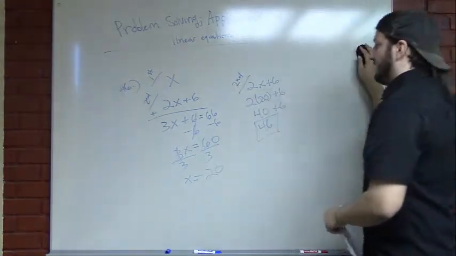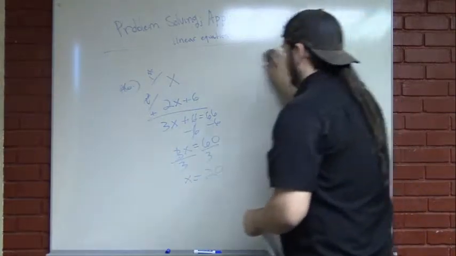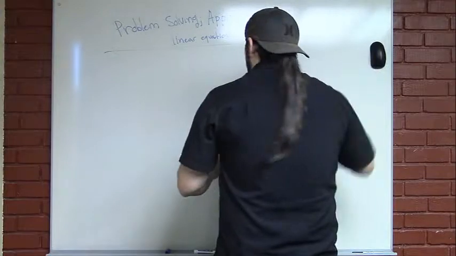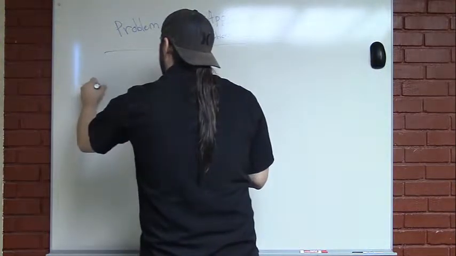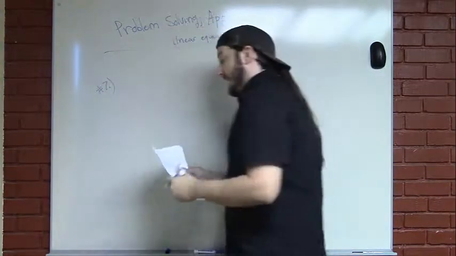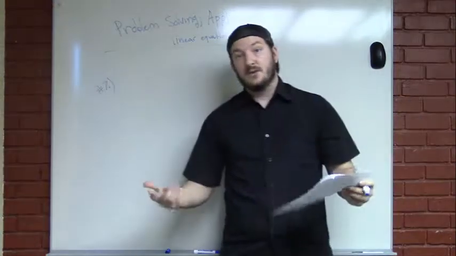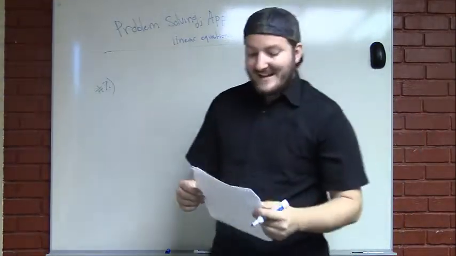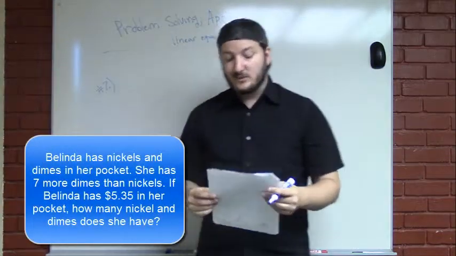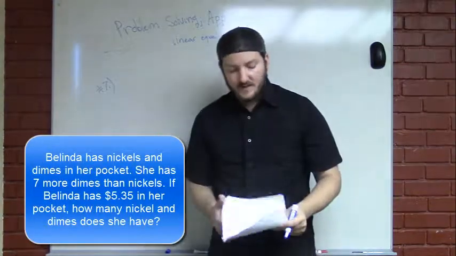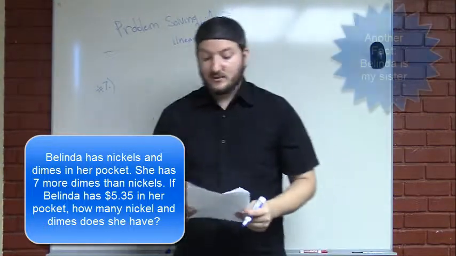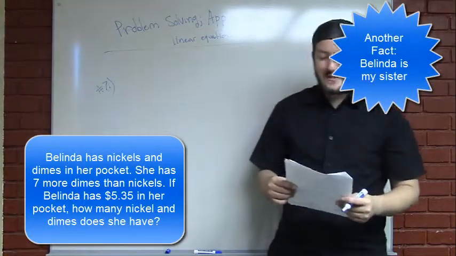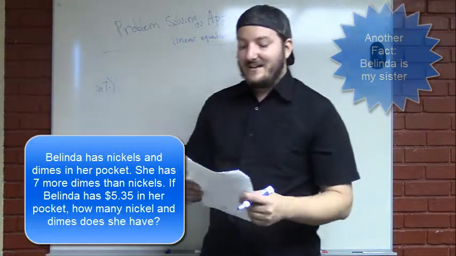All right, one more. All right, and this one deals with money. And I know most people like money, so it's a pretty good problem. Belinda has nickels and dimes. Okay, it's not a lot of money. Belinda has nickels and dimes in her pocket. She has 7 more dimes than nickels.